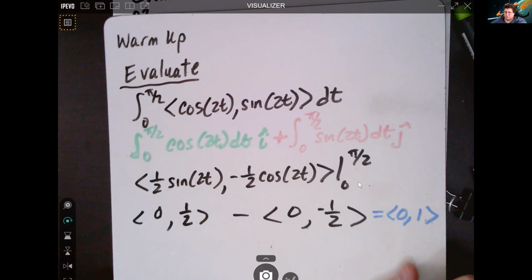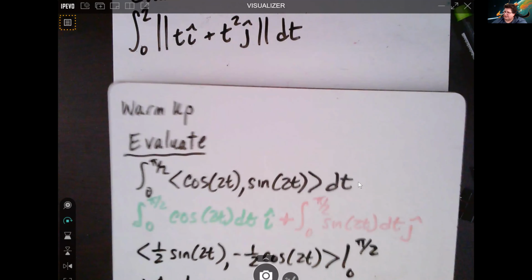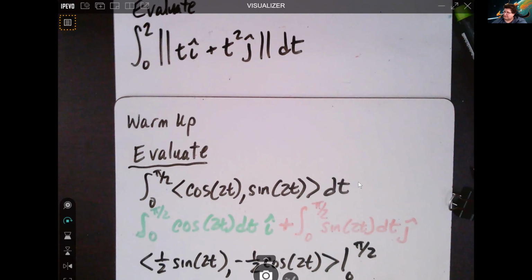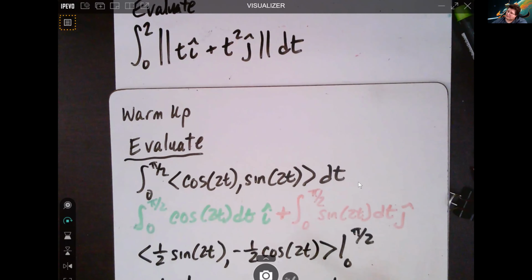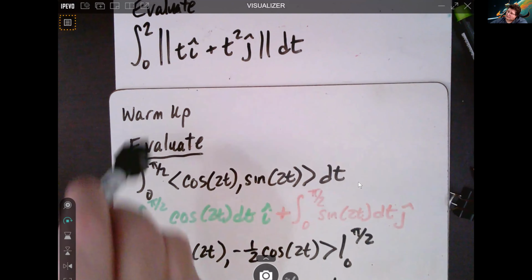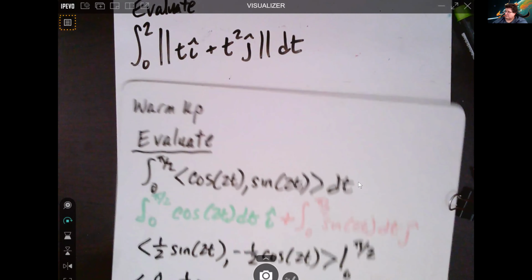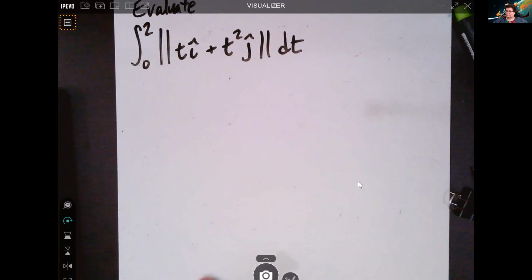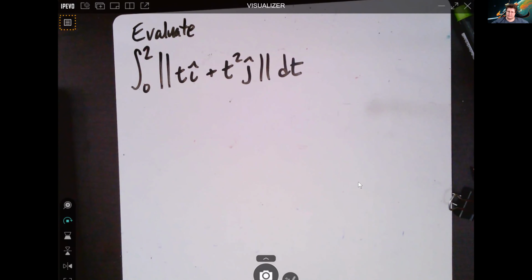Let's take a look at the other one, because on the other one, we do not have a vector. So take a gander at that one.